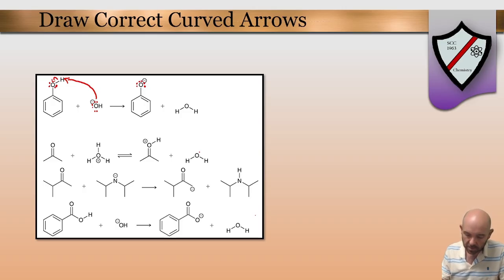We then can say that this was the acid because it gave away the hydrogen, or proton really, not the whole atom, just the hydrogen ion. This is the base, which makes this the conjugate base, and subsequently this the conjugate acid.